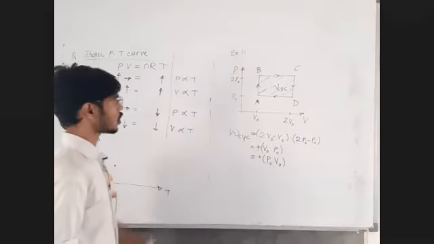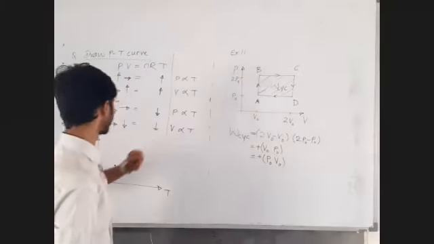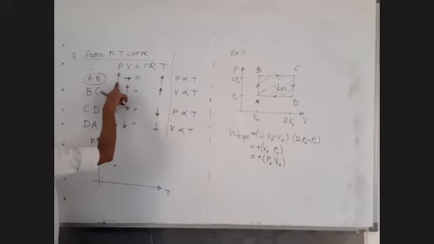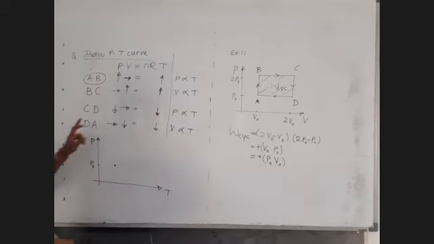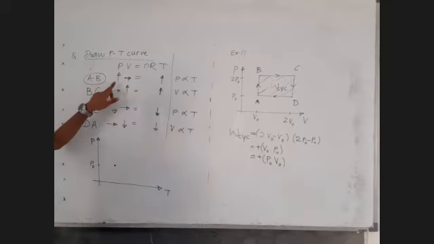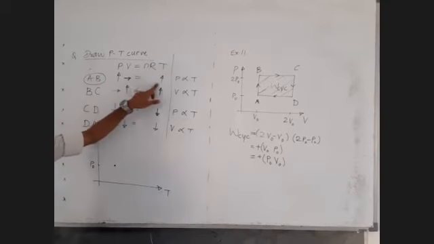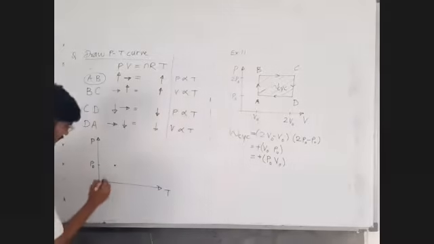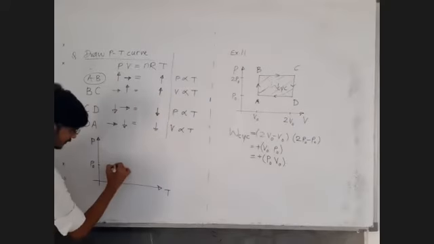So to draw the finite portion, from point A we have to observe whether the pressure is increasing or decreasing. For the graph AB, we can observe that pressure is increasing and temperature is increasing, and the graph of y equal to mx should be like this.